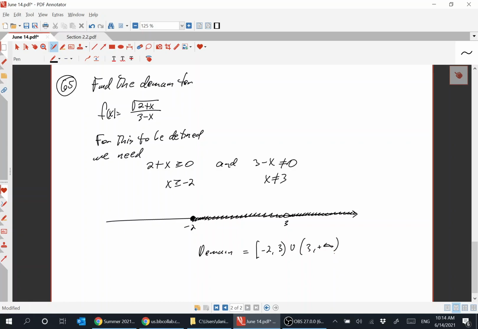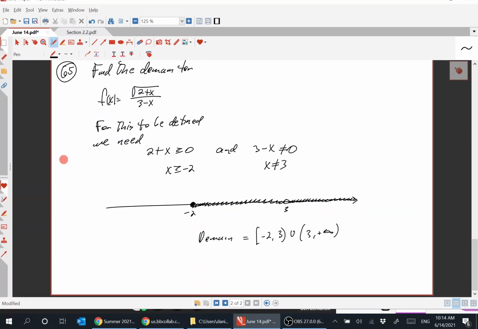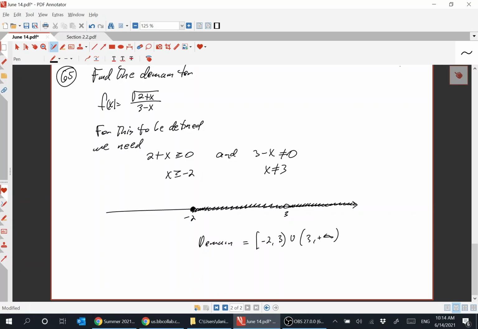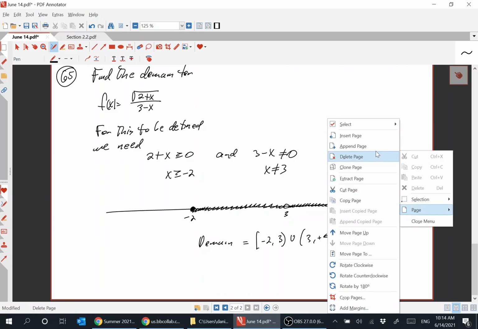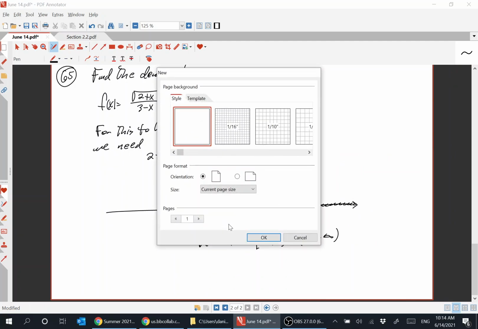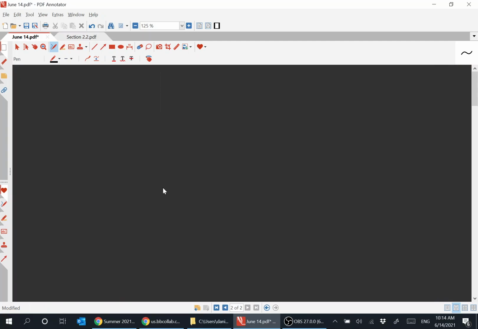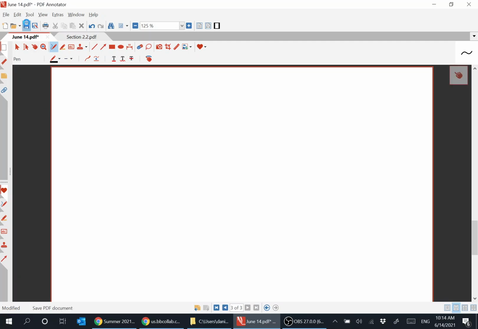Number 66 is similar to that. So find the domain of this function.